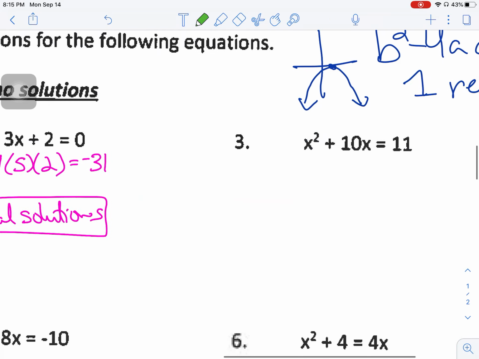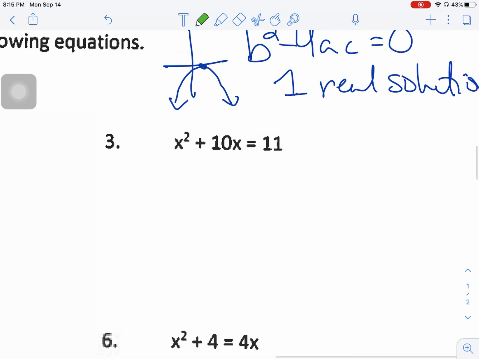Moving right along to number 3 here. We're going to pause here for a second because this is not in standard form. In order to make the discriminant or the quadratic formula work, you have to have a problem in standard form. So I'm going to take a second and write it in standard form. So plus 10x minus 11 is equal to 0.